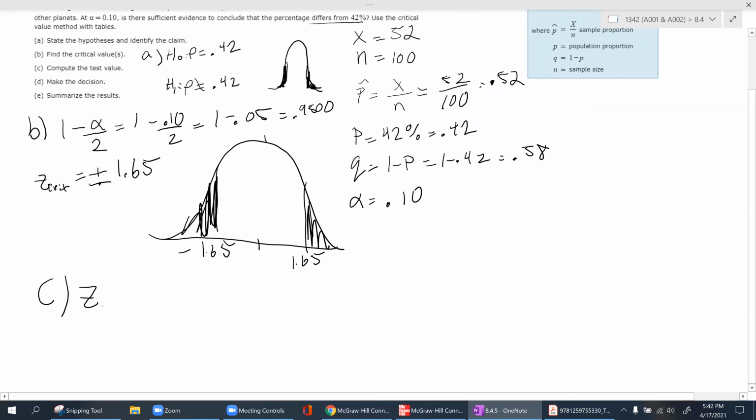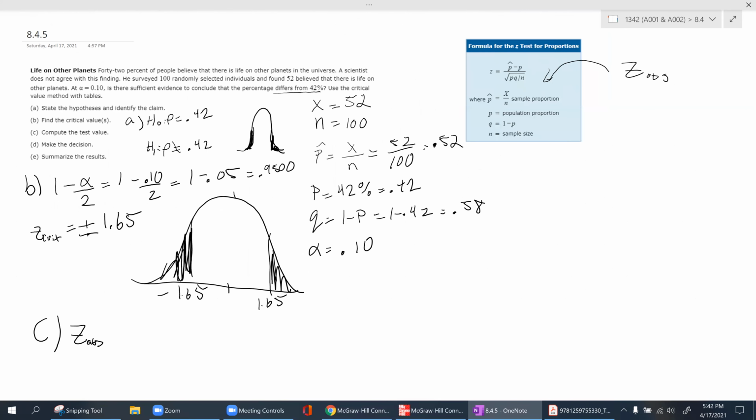So my Z observed, right? What I'll be observing would be P hat minus P over the square root of P times Q over N. There's a lot going on there.